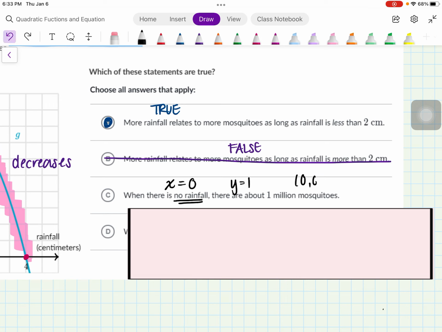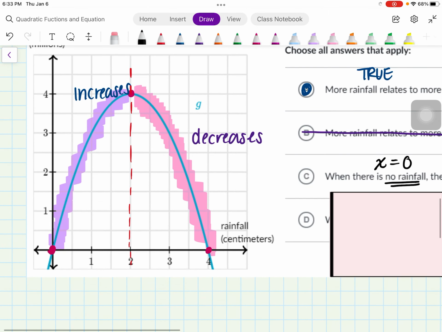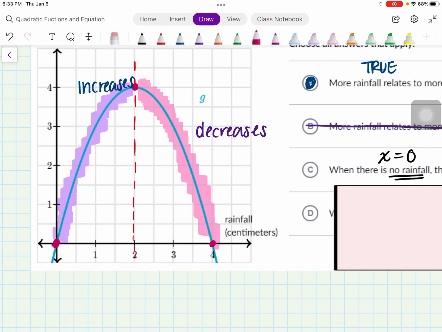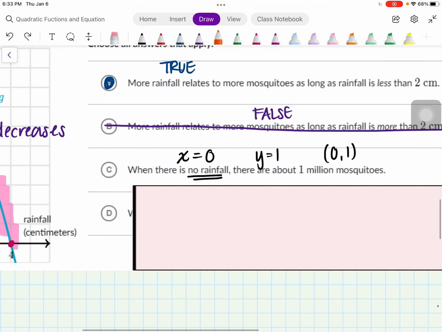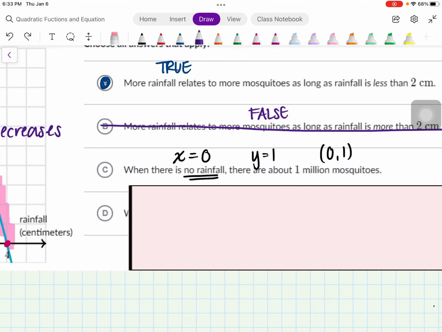So they're saying we should have a point at (0, 1). Let's go ahead and check that out. And we actually don't. We have a point at (0, 0). (0, 1) is here, and the graph doesn't go through there. So this statement here is false.